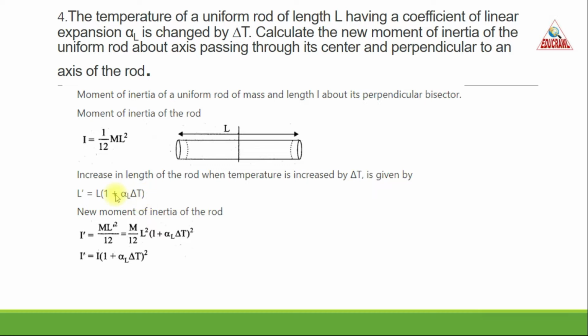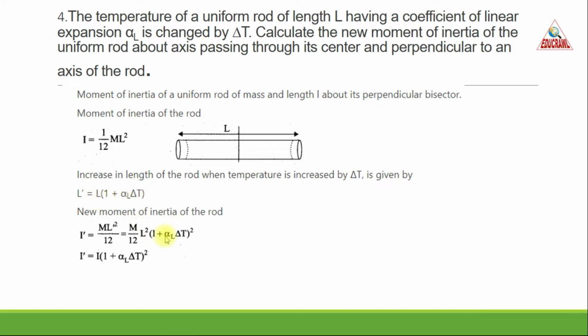So this length value we have to substitute in the moment of inertia formula. Instead of L, we have to substitute L dash. So the new moment of inertia equation becomes I dash is equal to m L dash square divided by 12. Now instead of L dash we have to substitute L into 1 plus alpha L into del T.